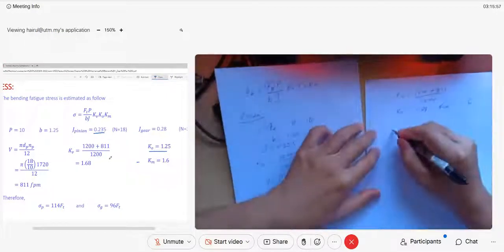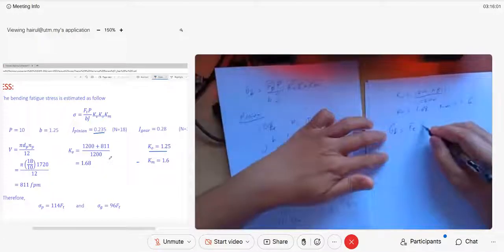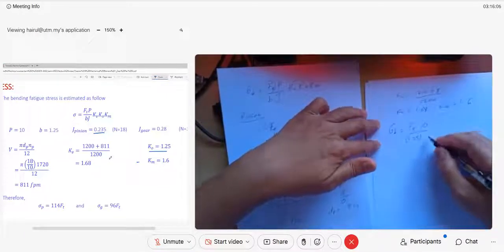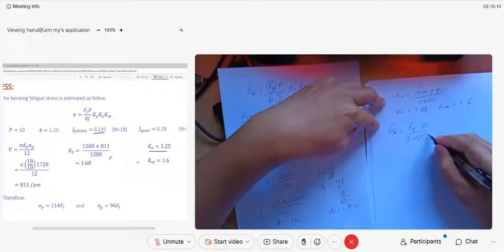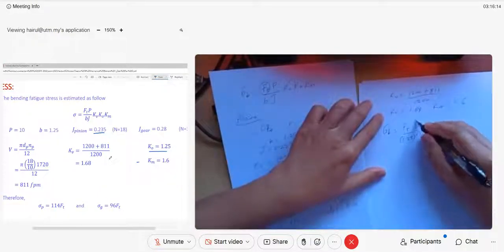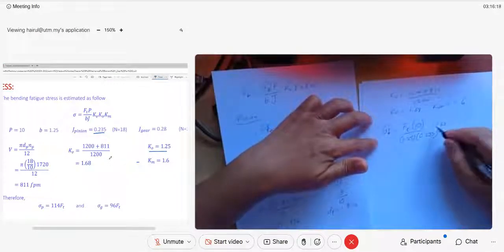So our sigma bending, F tangent is the variable, diametral pitch is 10, over our B is 1.25, and our J just now for the pinion is 0.235. Okay, B is 10 inch, you just put in the value, and our KV is 1.68.